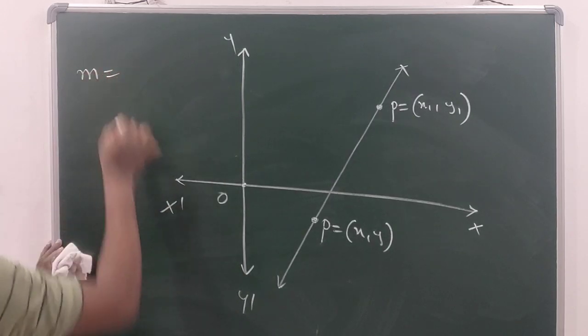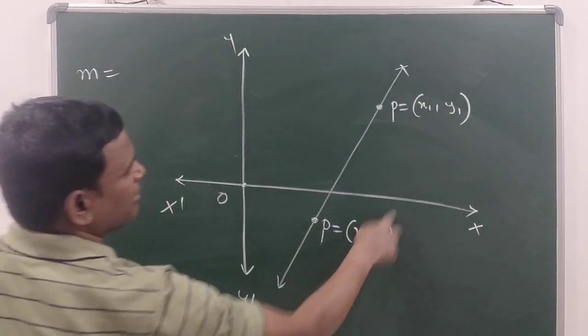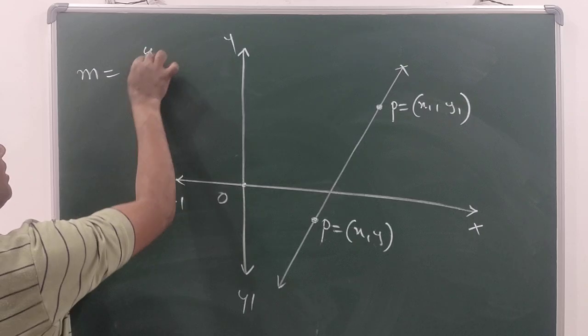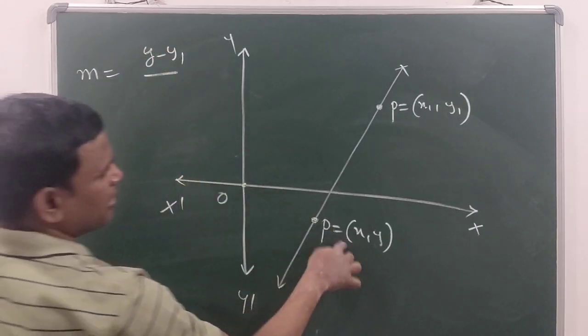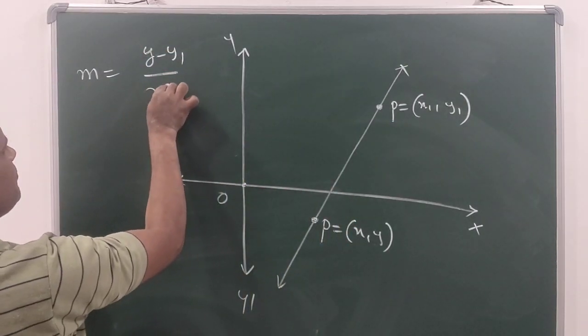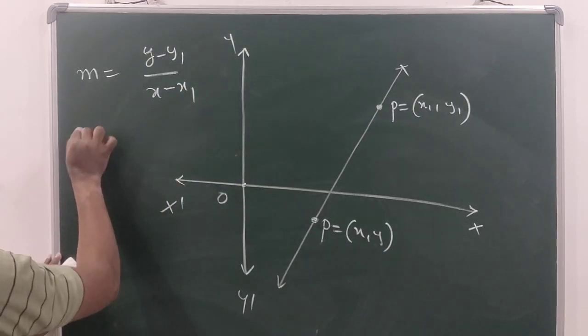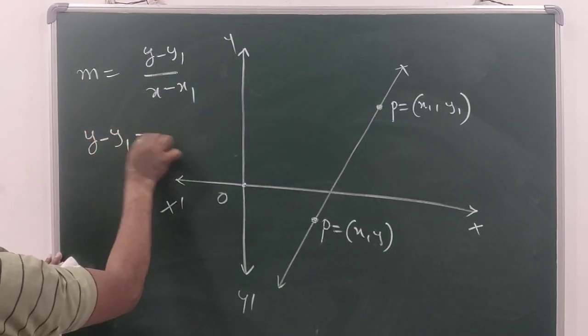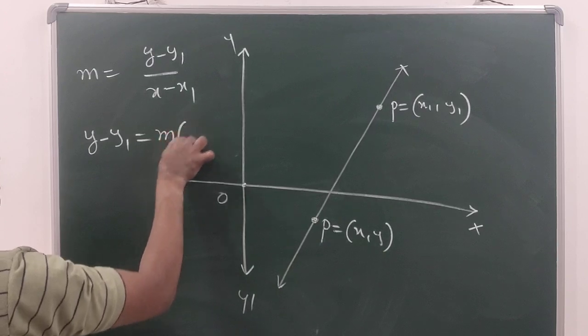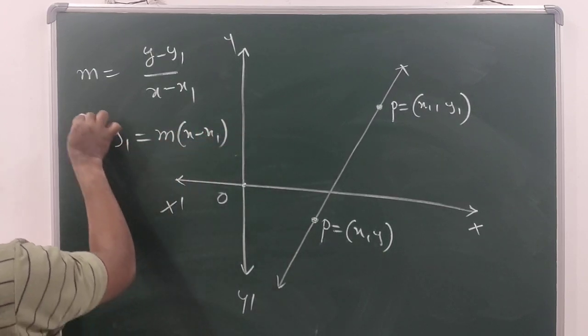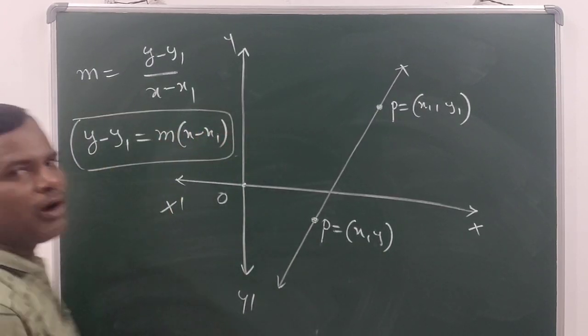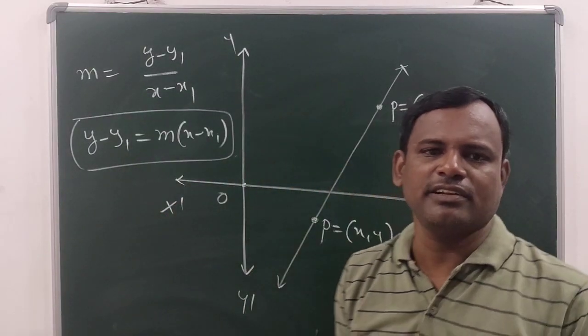m is equal to the difference of y coordinates, y minus y1 by x minus x1. Now take cross multiplication: y minus y1 is equal to m into x minus x1. This is known as the point slope form of a line equation.